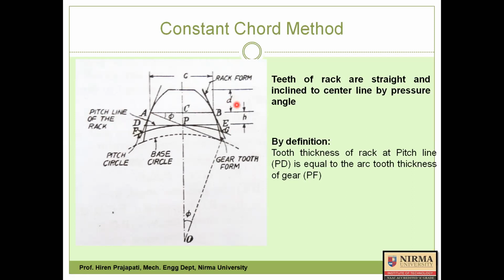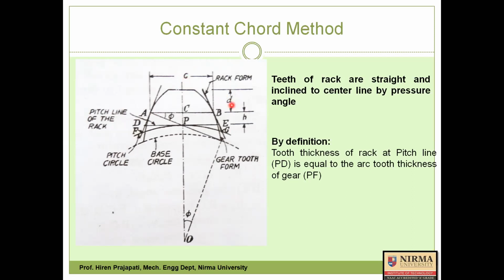And that's why this is called the constant chord method, because now we are going to measure the length of the constant chord at the depth of the constant chord, which is similar to the gear tooth vernier caliper method. But in the gear tooth vernier caliper method, the chordal depth and chordal thickness were depending on the total number of teeth present on the gear.